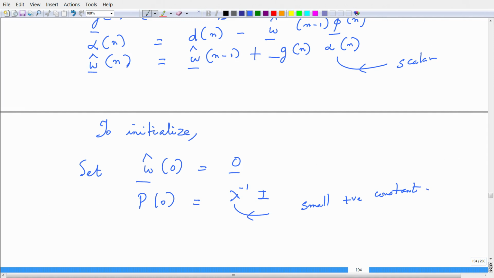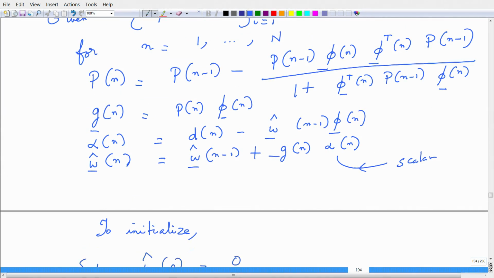Okay, and these are some basic steps. So, once we initialize, then I think we can begin with these recursions.